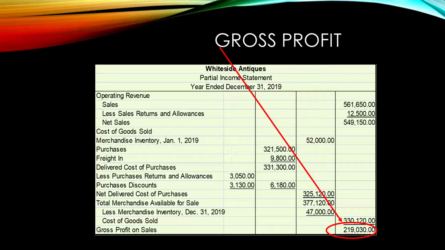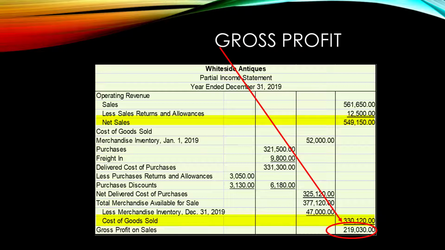Here is the slide for the company that's demonstrated in your book. Notice that the net sales was $549,150. The cost of goods sold, or the costs of all of those goods that were sold, was $330,120.